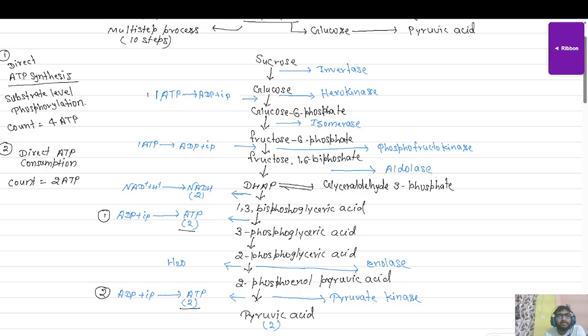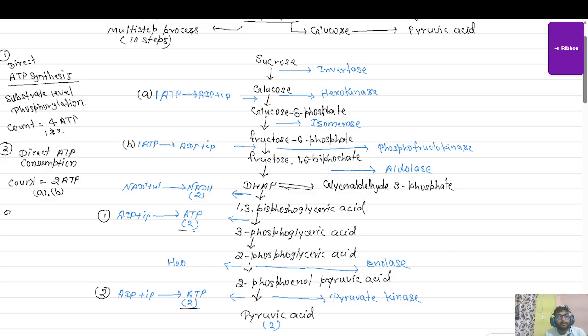Because the first ATP is used up in step A, and the second ATP is used up in step B. So here I'm also writing the steps where the ATP has been formed and released. This is in step 1 and step 2, which I have marked, and step A and step B are where the 2 ATP have been used up or consumed.